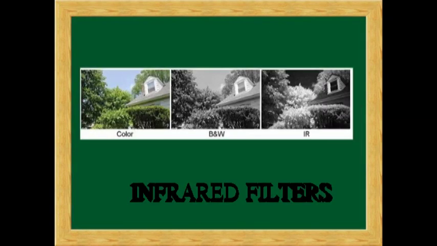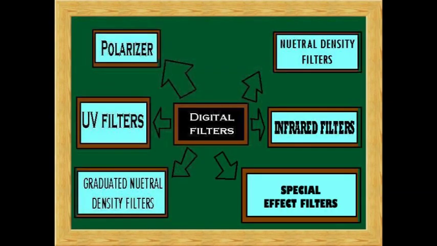Infrared filters use a filter in front of the sensor which allows light to pass but blocks all of the infrared. Special effect filters. The effects of most of these can actually be duplicated digitally.